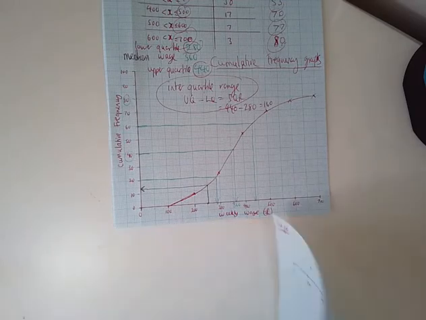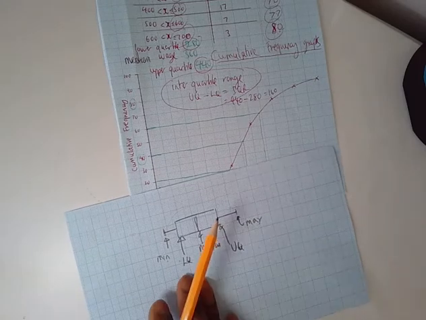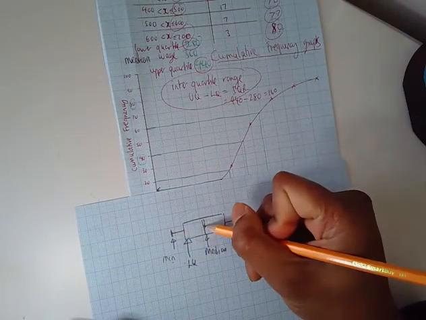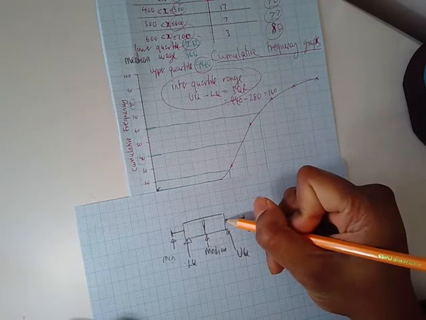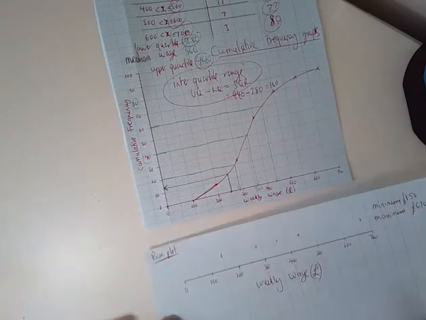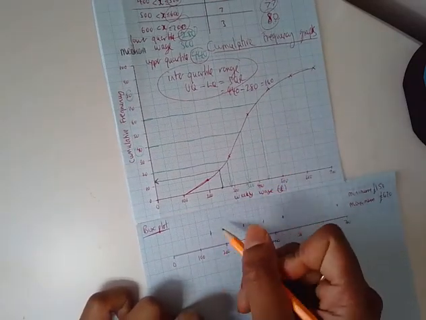Now, remember, a box plot looks something like this. Well, that's what I'm going to create. Minimum, lower quartile, median, upper quartile, maximum. Got the marks already. Just now need to make a box plot here.